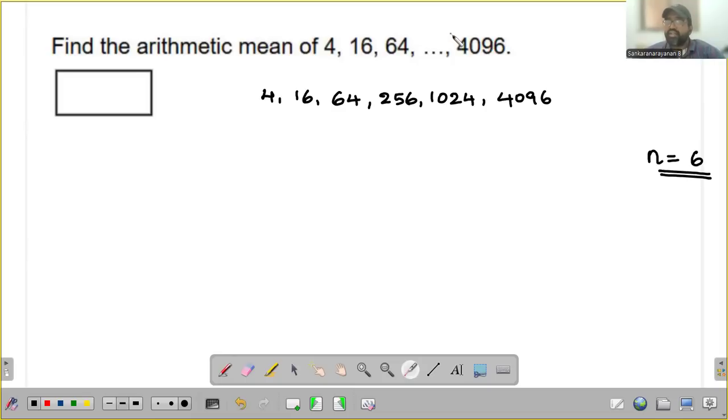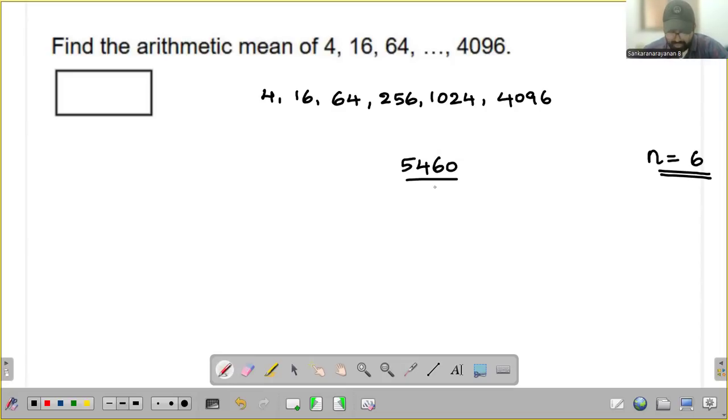So what is that arithmetic mean? Sum of all the observations divided by number of observations. So one way is you can sit and add 4096 plus 1024 plus 256 plus 64 plus 16 plus 4. You can get the total, and that total will come here as 5460.